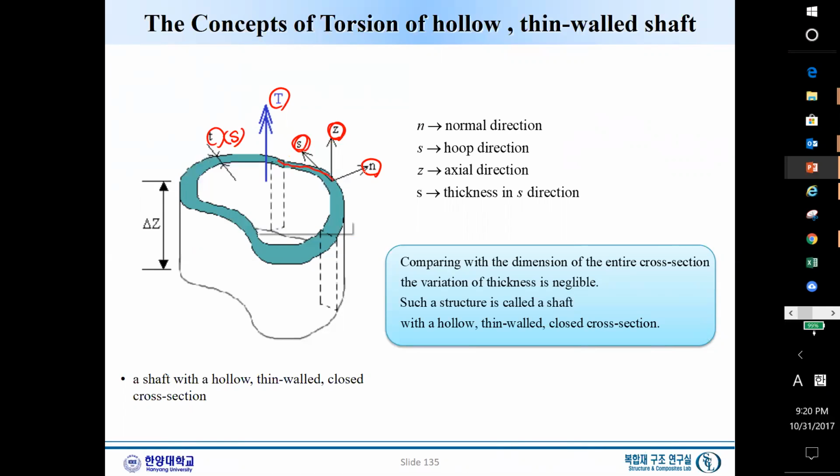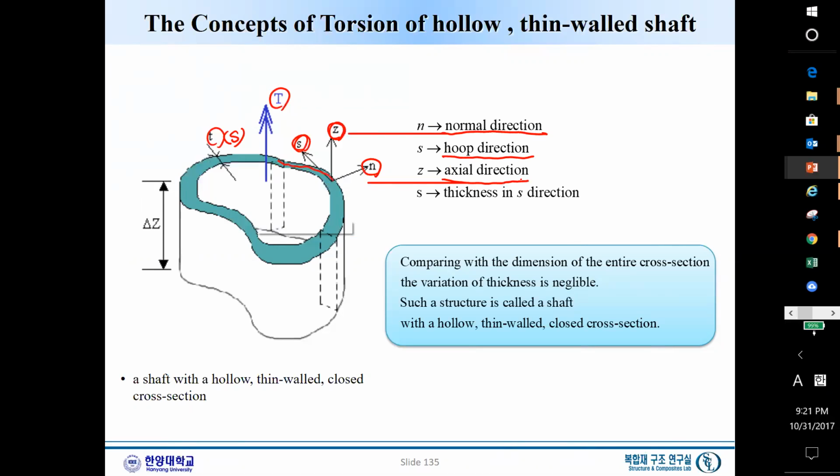So N is the normal to this tangential S coordinate. N is normal, S is the hoop direction, which is along this thin wall, and Z is the axial coordinate.